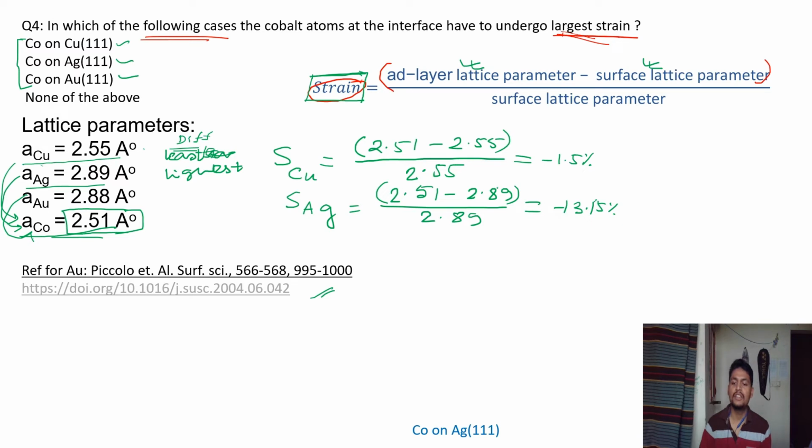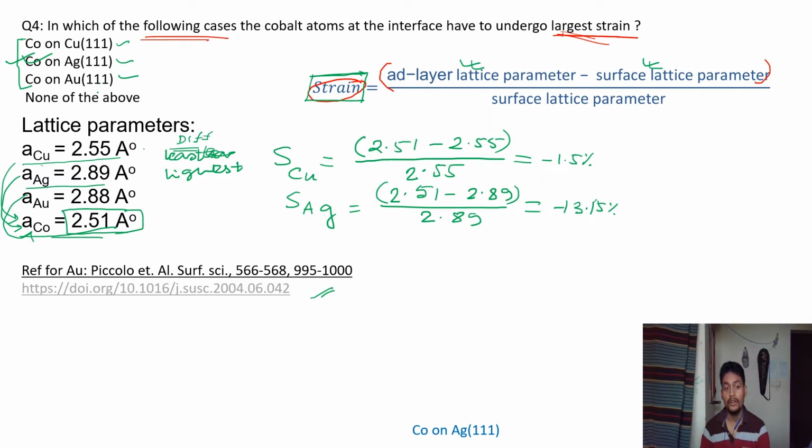So this is the highest. So obviously the answer is going to be this. Whenever the lattice parameter mismatch is highest, that time it is going to have the largest strain, and this strain practically determines the growth, what kind of growth will happen on the surface.